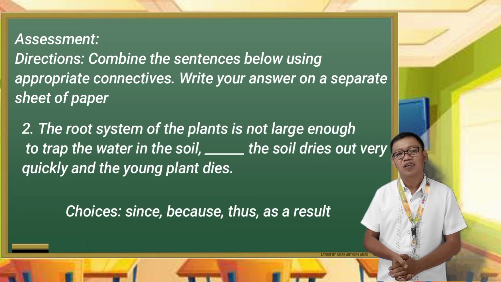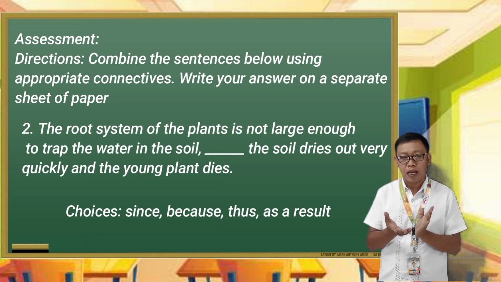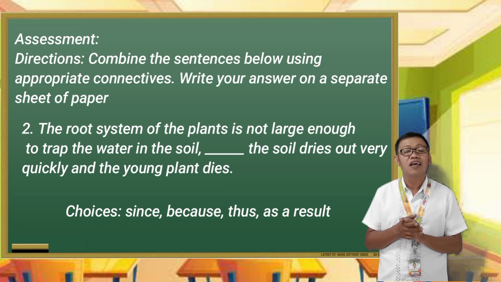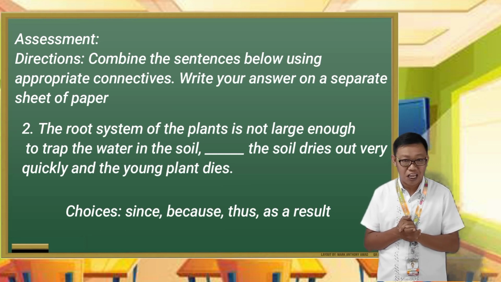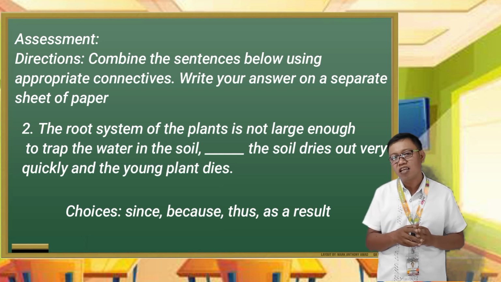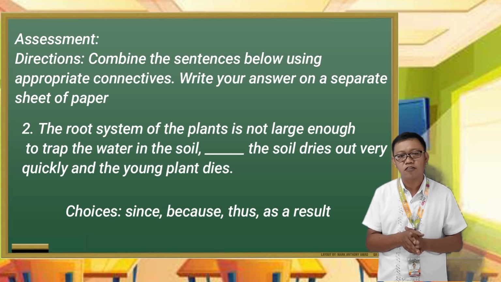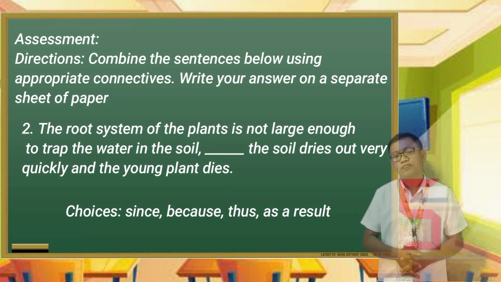Number 2. The root system of the plants is not large enough to trap the water in the soil. Blank, the soil dries out very quickly and the young plant dies. Choices are since, because, thus, or as a result.